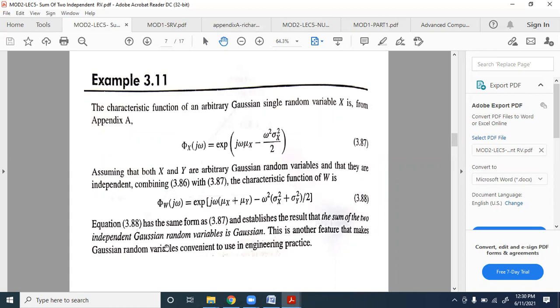That will turn out to be exponential of j omega into mu x plus mu y, minus omega squared into sigma x squared plus sigma y squared, by 2.